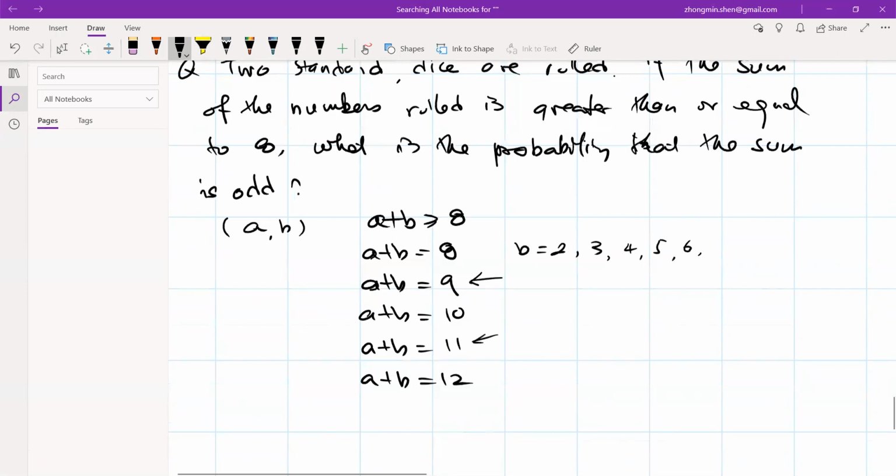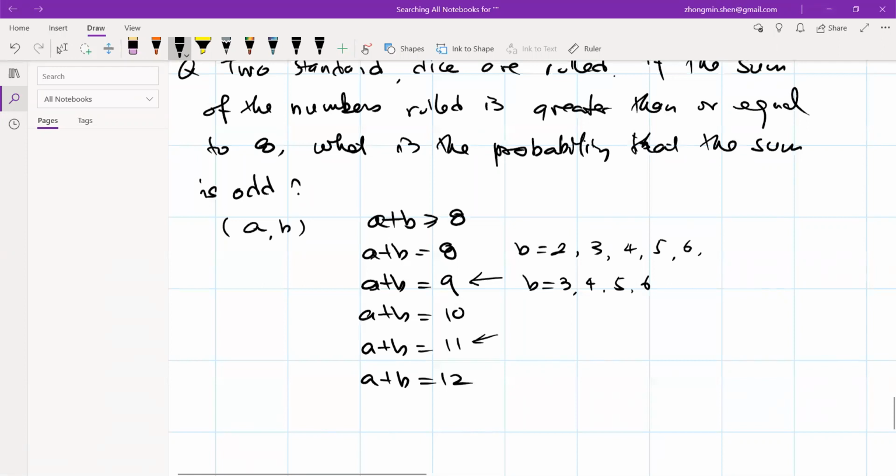It already has 5. In this case, B must begin with 3 and 4, and 6. 6 is the largest value you can choose for B. B cannot be less than 2.